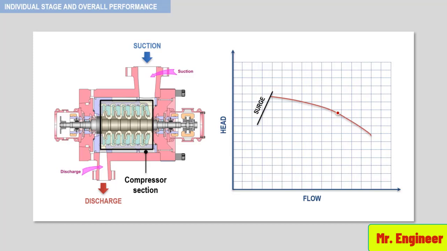This fact will result in a shifting of the section curve from the design point towards the surge point, as depicted here. And this phenomenon could result in surge of a compressor with no significant change in system resistance. This will be explained in detail in the next couple of videos.